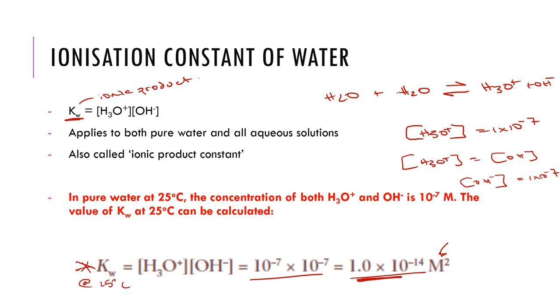So this is just a value that you need to know. If you think about this, it means that if you know the concentration of OH- instead of the concentration of H3O+, we can solve for the concentration of H3O+ by substituting in this value here. So it gives us a way to always find the concentration of H3O+.